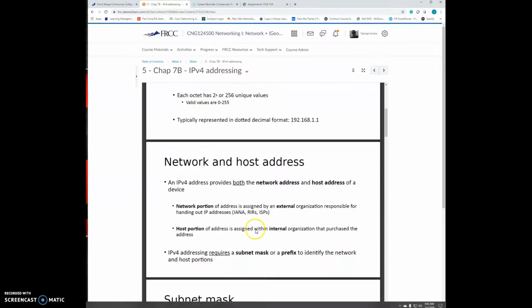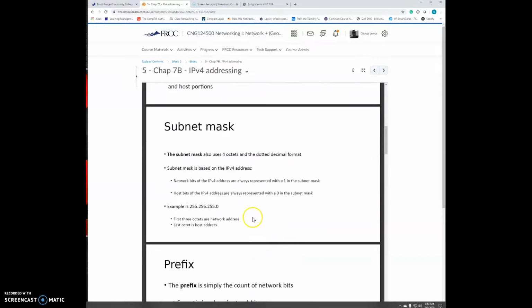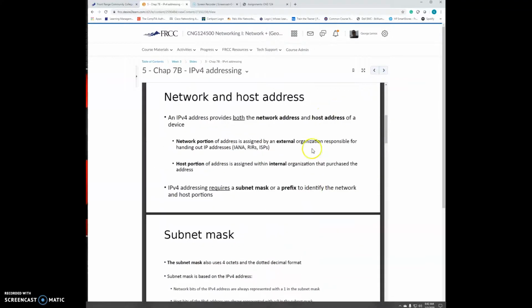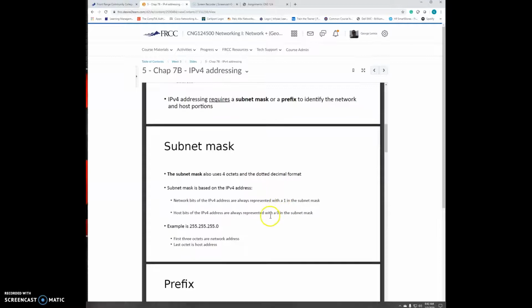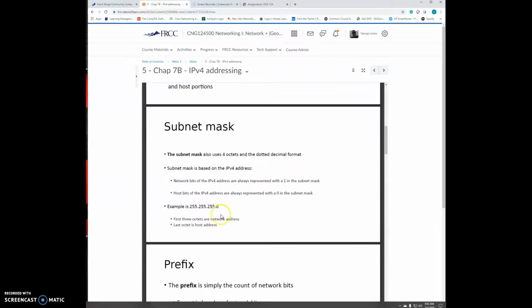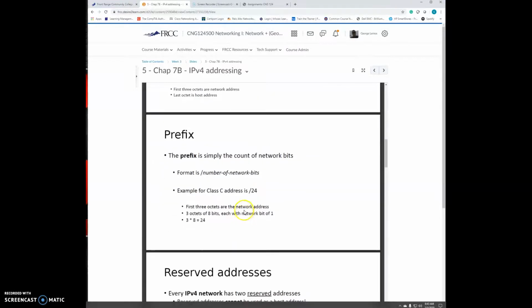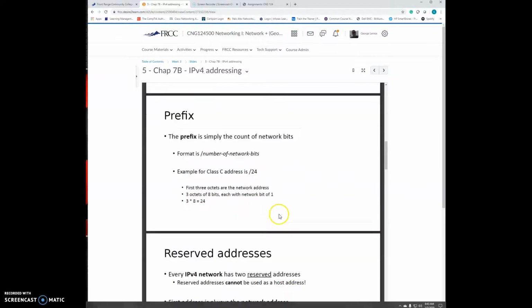From here on out, you're going to start seeing a lot of the same numbers. The subnet mask relates directly to the IP address. So if we had a Class C address, this would be the Class C default subnet mask. And we figure that out with a prefix of /24.